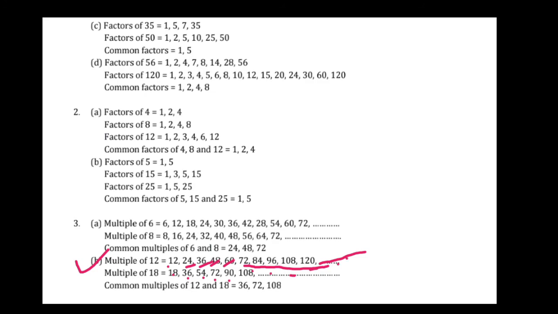There are infinitely many multiples of 18 also. So the common multiples are 36 and 72, and afterward 108 also is a common multiple.